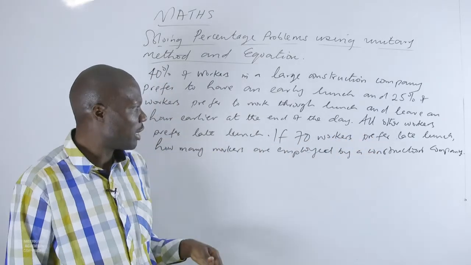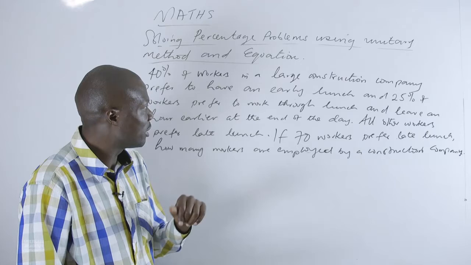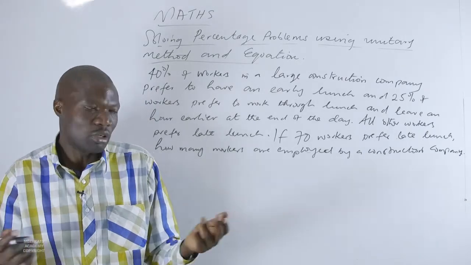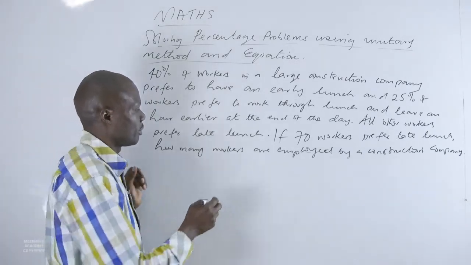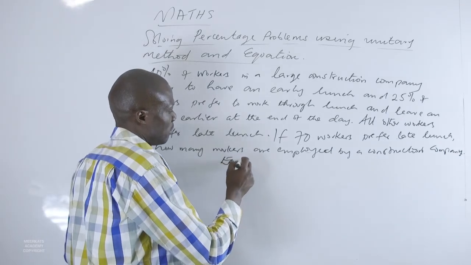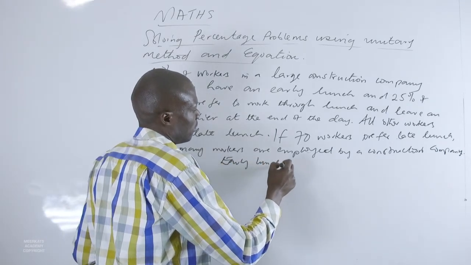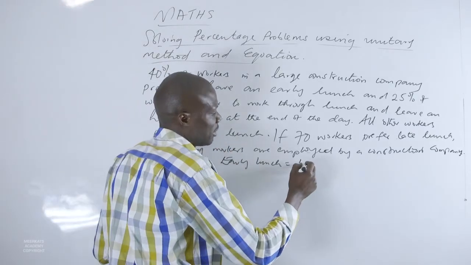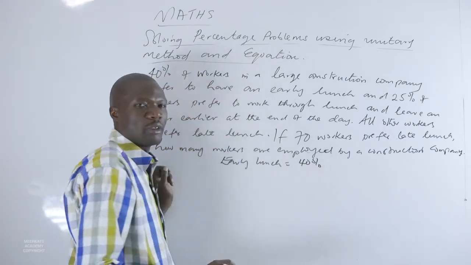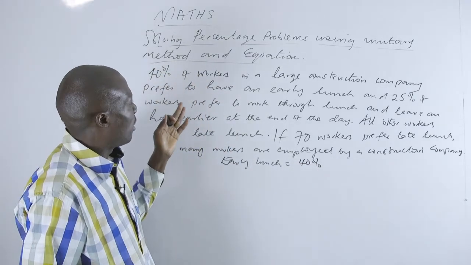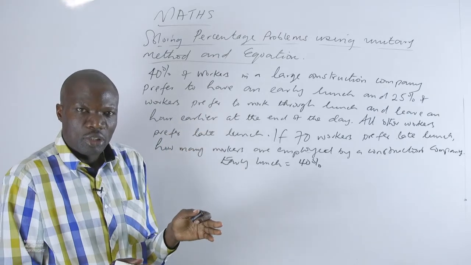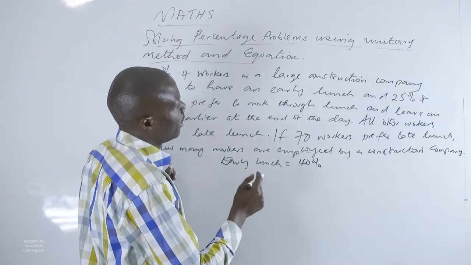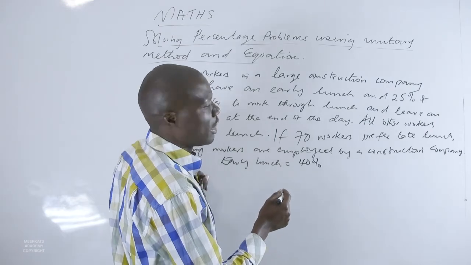So let us assign the percentages for all. Early lunch has been assigned 40%. Then working through lunch, and then they leave early.